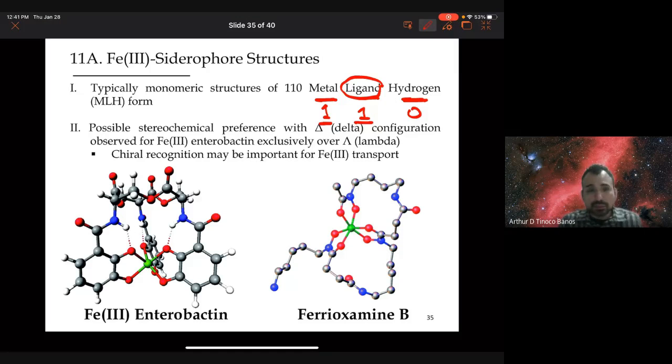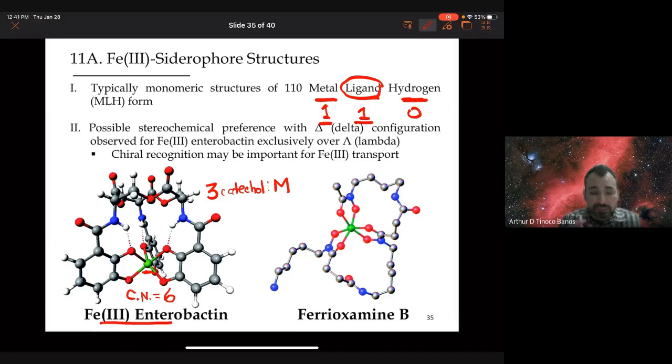Okay, so if we're looking at the iron siderophore structure, well, how does that fit? Well, we have the coordination of iron, and that's represented here as the green symbol. That's your iron. There's only one iron, and it's coordinated in a manner that involves 3 of the catechol moieties in the enterobactin, so that you have a coordination number of 6. Okay, coordination number 6 because you have 3 catechol metal interactions.